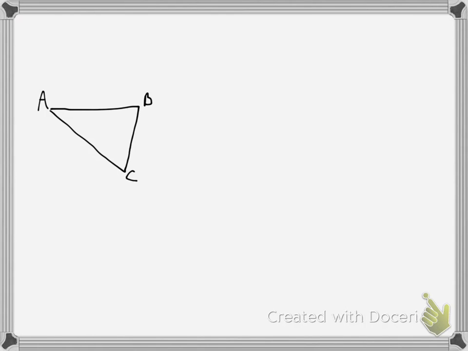The direction. So we might consider that the angle of rotation. So I tell you to rotate this 90 degrees. All right. So is that everything you need to know? What else do you need?